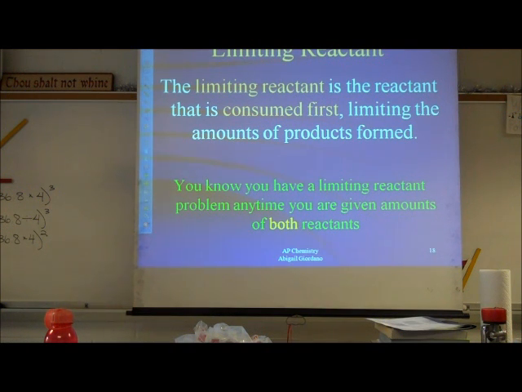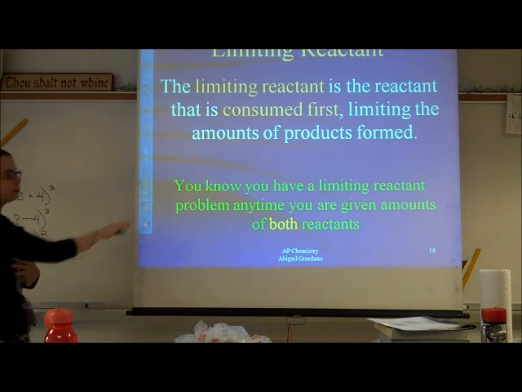Folks, tell me what happens to a reaction. Even if you have 5 different reactants, if one of them runs out, what happens to the reaction? It stops. It's done. Okay? What do you call the other reactants, the ones that did not run out? Excess reactants. The ones that you have some left over.